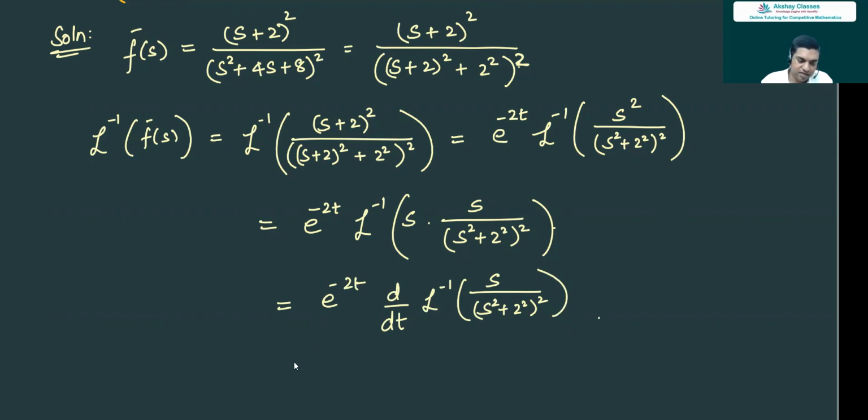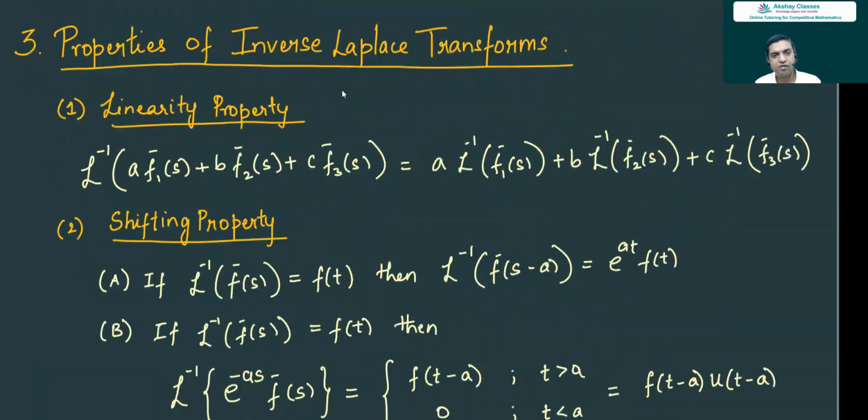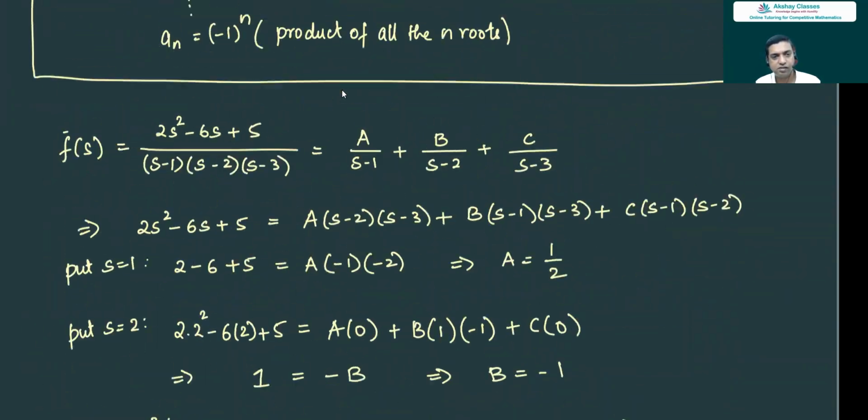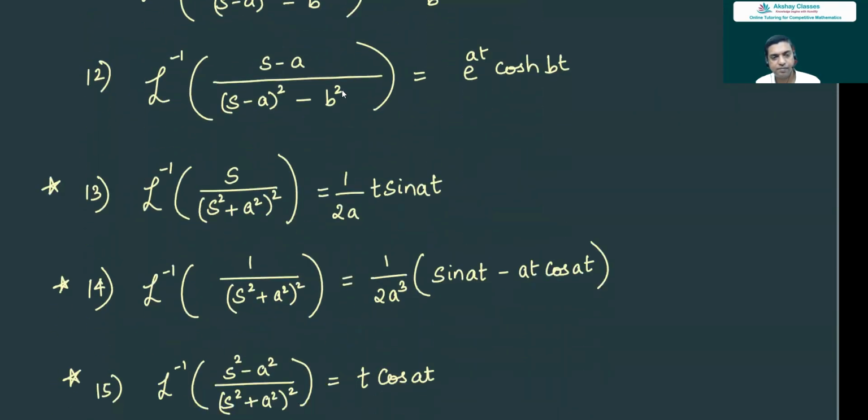Now this is a standard result. Let's go back. On the top in the first set of results, look at this 13th one. S by s square plus a square whole square, Laplace inverse is 1 by 2a t sine at.